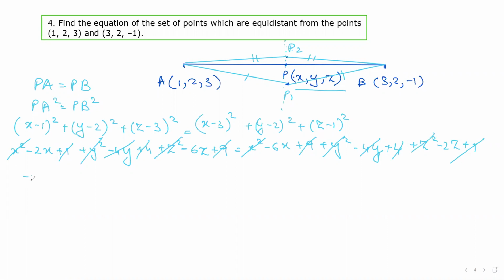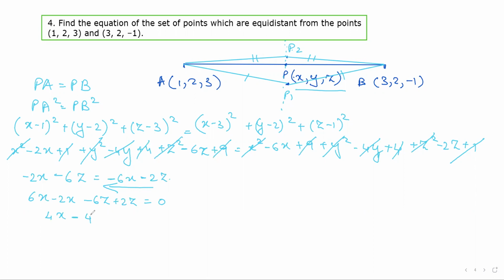On the left hand side, you have minus 2x, then minus 6z is equal to minus 6x minus 2z. Transposing everything to the left hand side, you have 6x minus 2x minus 6z plus 2z is equal to 0.